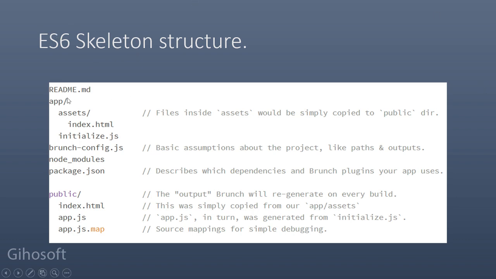So we have a readme, and here is the app directory, where we keep our source code. All the files in assets will be copied into the public folder as they are, same to same, without any changes. But anything else outside of the assets in the app directory would be compiled and combined into a single JS or CSS file.